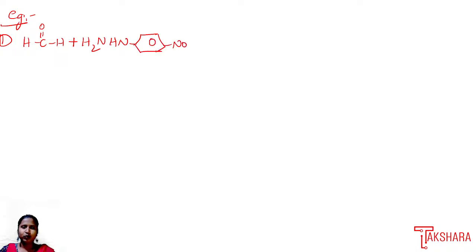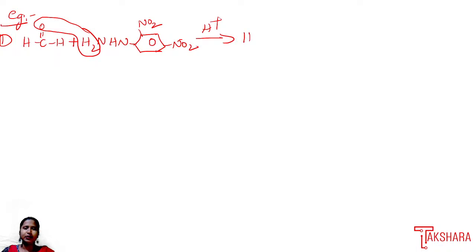Here NO2 is there and at the second position an NO2 group is there. Okay, here again the water molecule is removed and we will get the product. It takes place in the presence of an acidic medium. HC double bond NHN and again the phenyl ring, and NO2 and NO2.